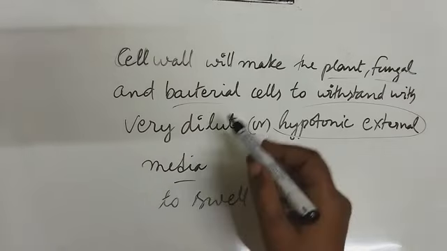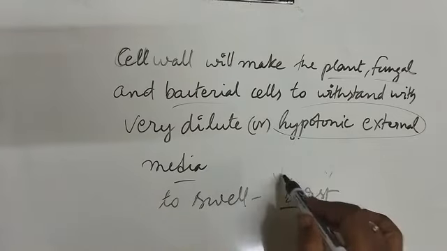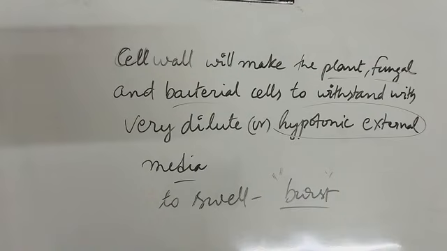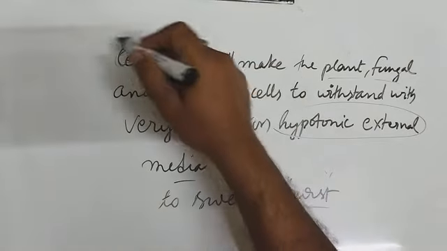The same way, when these cells are in hypotonic media, the cells will keep gaining water. That makes them continuously expand. After some time, bursting takes place. From this bursting problem, the cell wall will protect them.